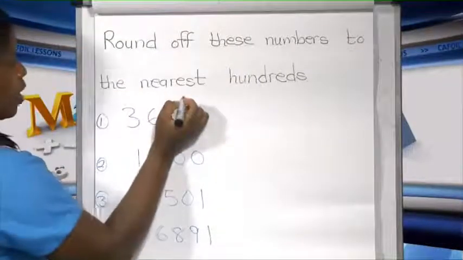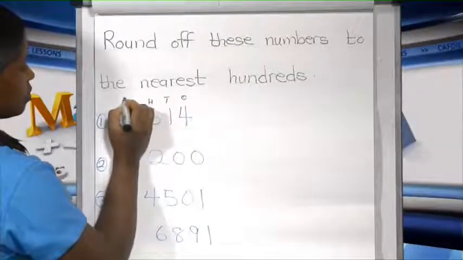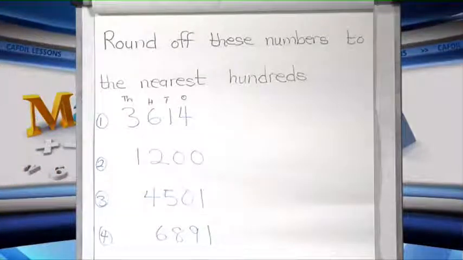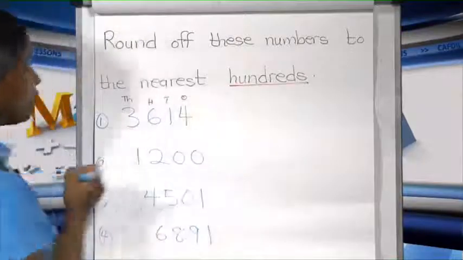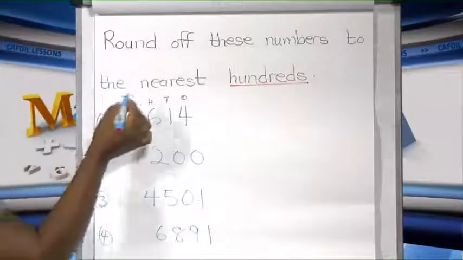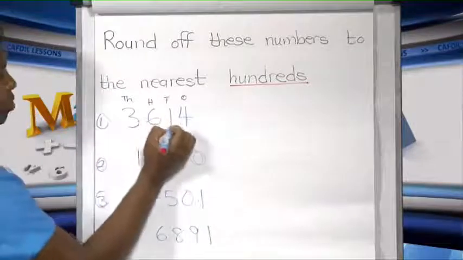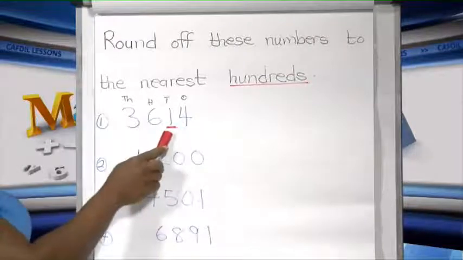Let's look at the place of each of the digits. And we are looking at the hundreds place. We are rounding it to the nearest hundred. So our target will be at the tens place.